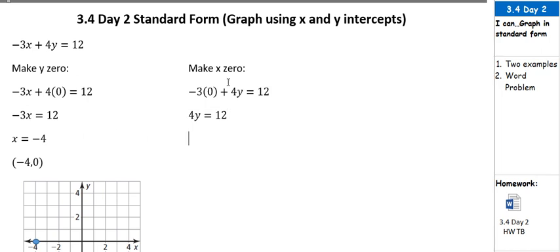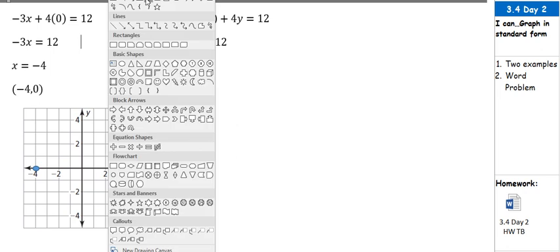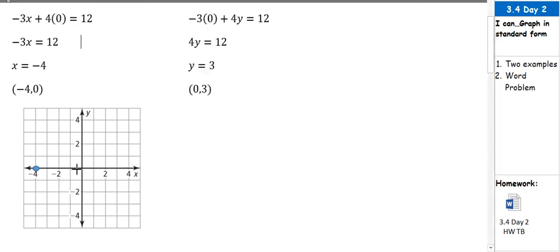If I divide both sides by 4, I get y equals 3. This gives us another ordered pair. This ordered pair has 3 for the y value and 0 for the x value. 0, 3. So I'll put a point there as well. 0, 3 is right here.